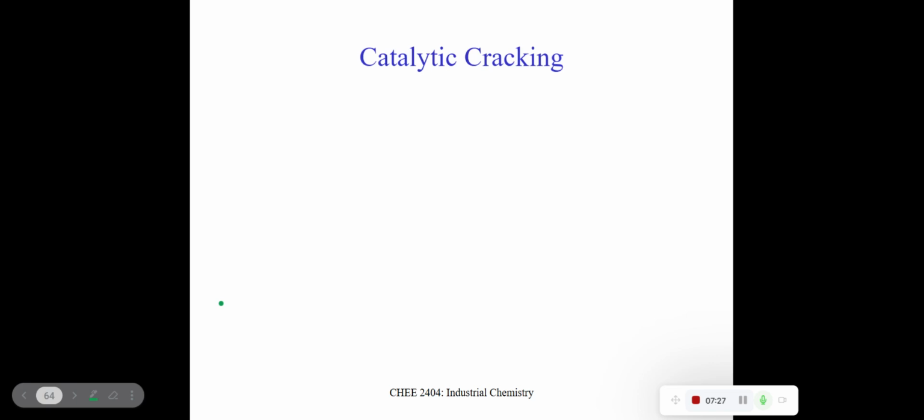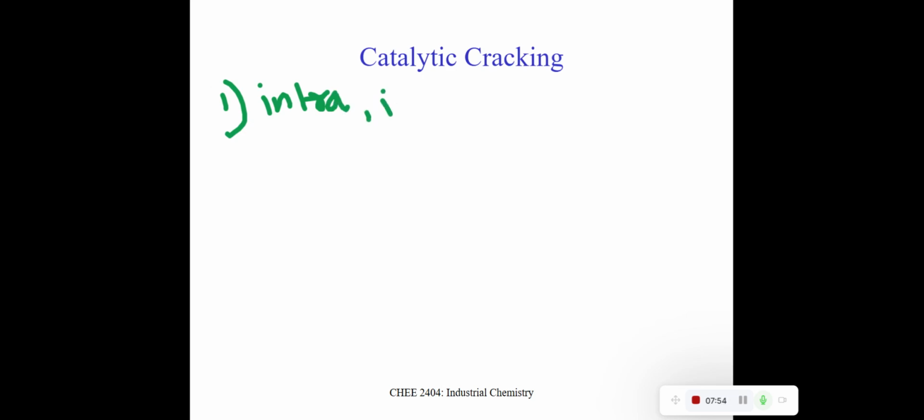In the next slide, we discuss that catalytic cracking breaks the molecules through a complex network of reactions, which are intramolecular and intermolecular.